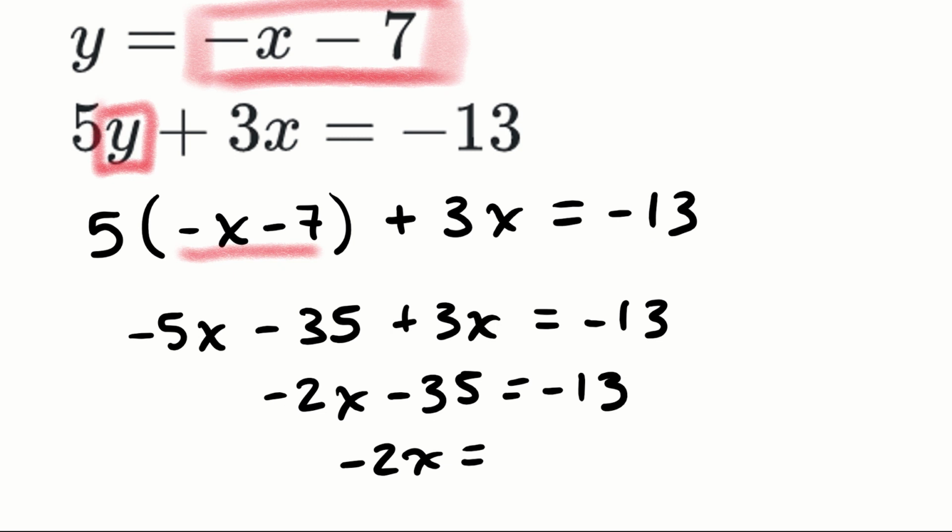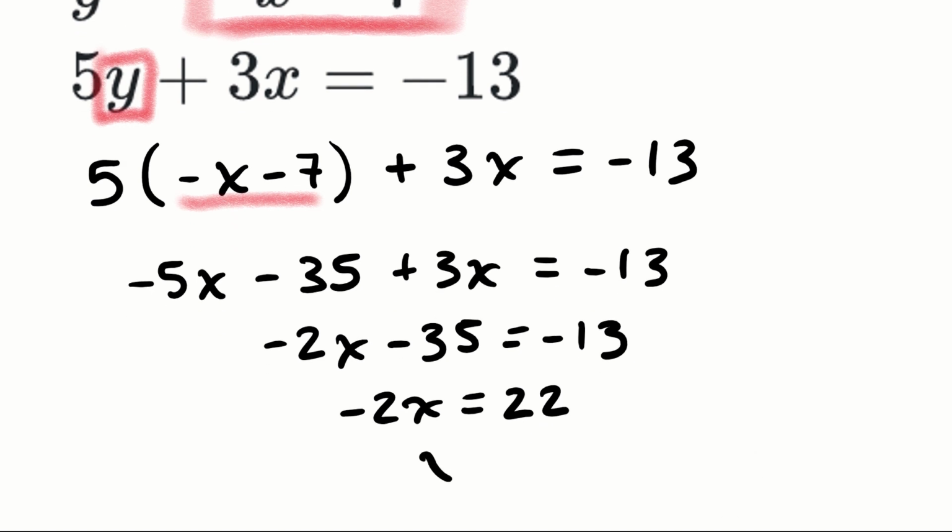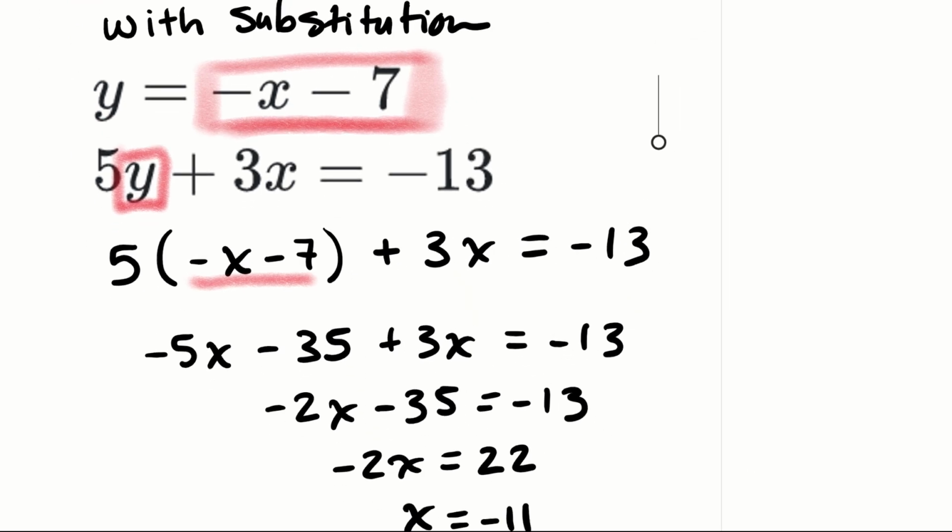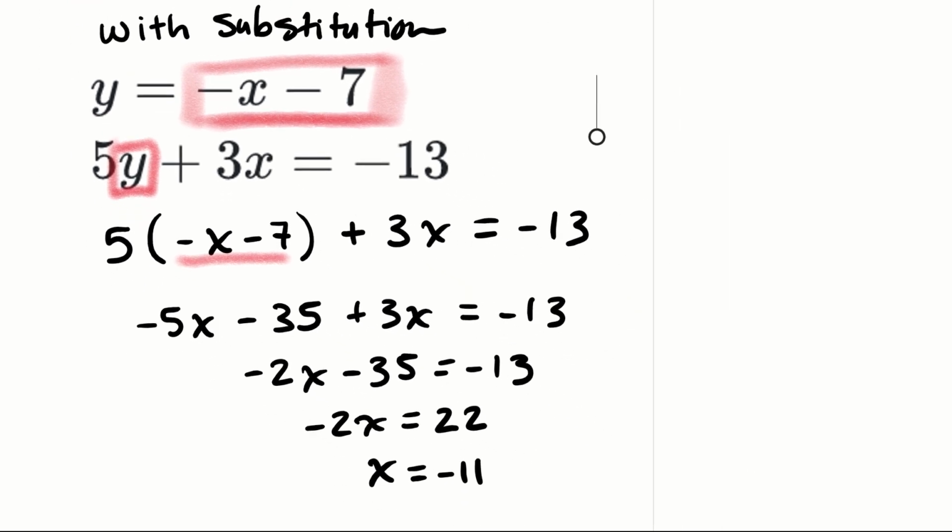And of course, the reason why I know the number is I literally just did this above, except it was positive. So it was negative before, this is going to be negative 22. And then when I divide both sides by negative 2, I get x is negative 11, which is exactly the value that we got for x in the previous method, using the equal values method.